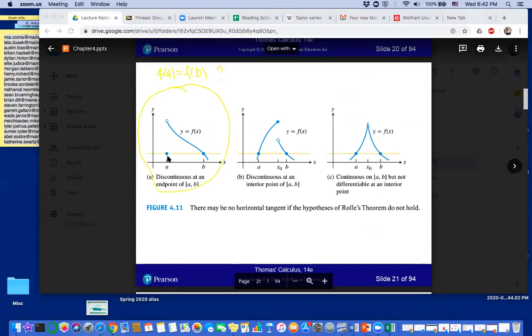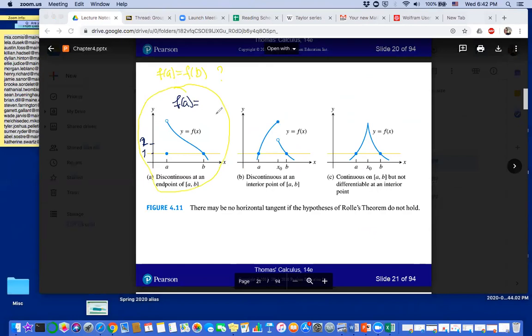Okay, look at f of a. So if I say that this is 1 on the scale, and this is 2, what is f of a here? Looking at this picture, can you guys type into chat?